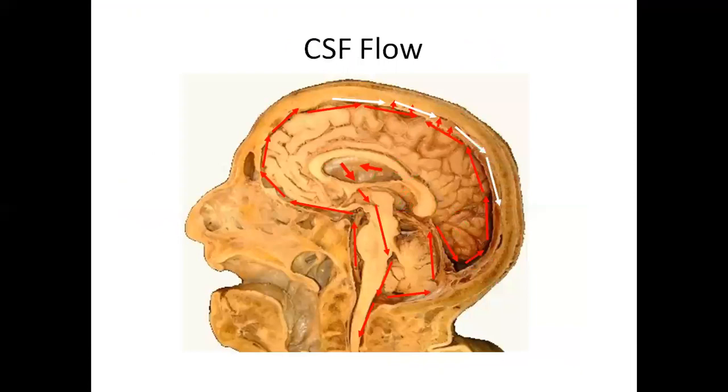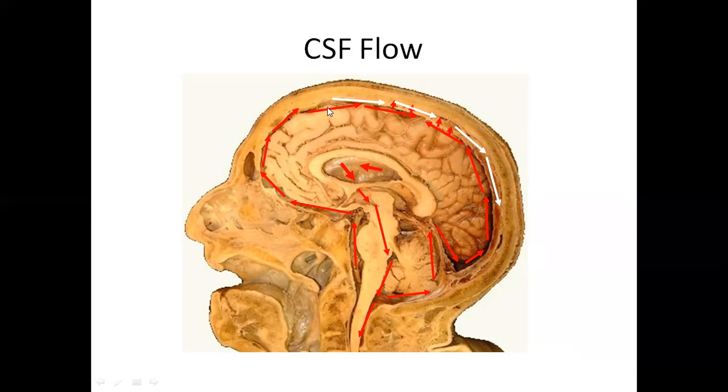Now, if you see the whole brain, below this corpus callosum, in this particular area, we have the lateral ventricle. Surrounding the brain, we have the meninges, the coverings. How many coverings? Three. The outermost is dura mater, the middle is arachnoid mater, and the innermost is pia mater.